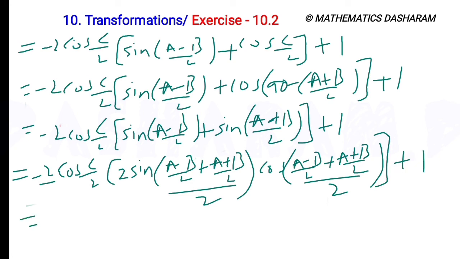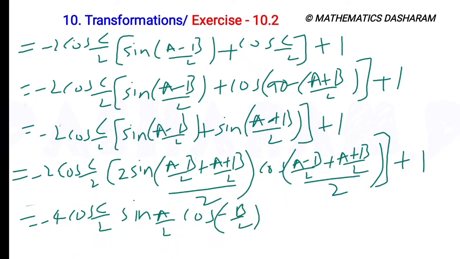So here minus 2 into 2 is minus 4 cos C/2 into sin, so total simplification is A/2. Next to cos, its total simplification is minus B/2, plus 1.